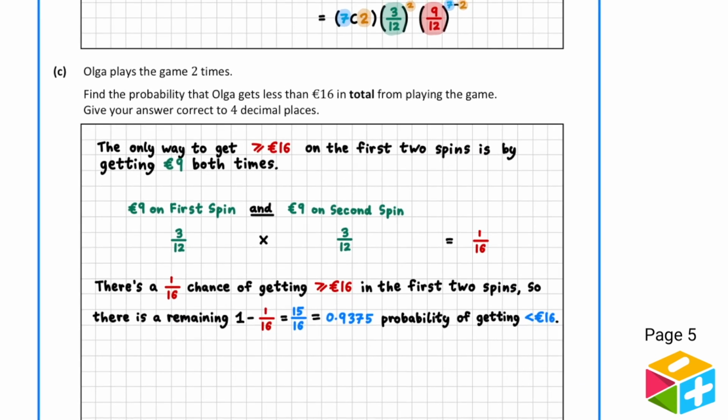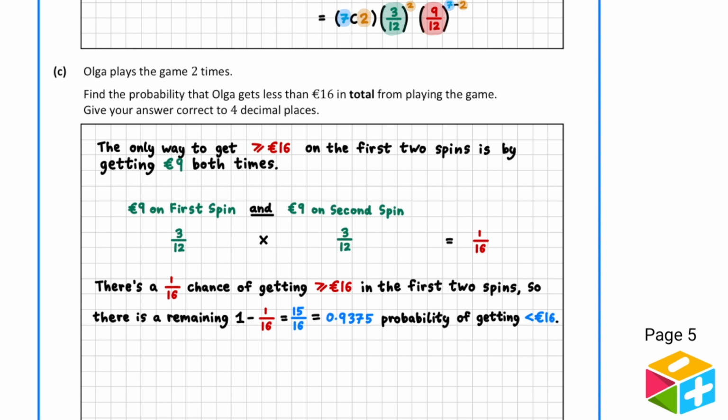In Part C, we're told that Olga plays the game 2 times. We need to find the probability that Olga gets less than €16 in total. Well, when we think about the structure of the game, it's quite difficult to win at least €16 when you play the game twice.